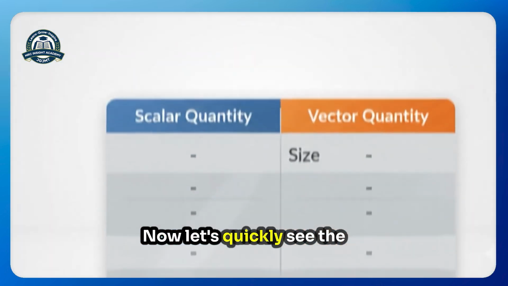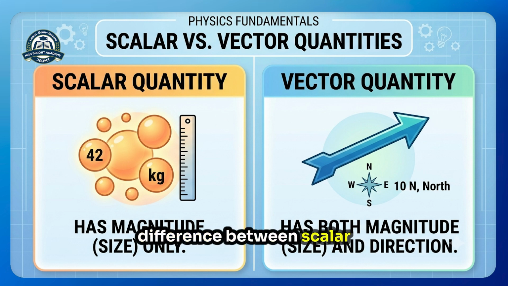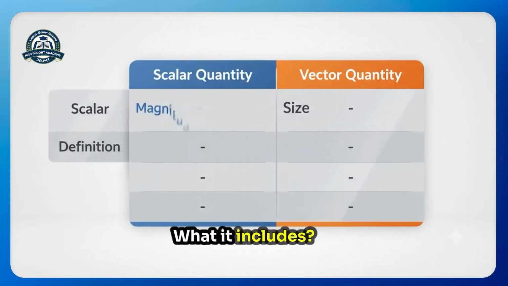Now let's quickly see the difference between scalar and vector quantities. So here we have a comparison table. Starting with the definition, scalar quantities have magnitude, that is size only, whereas vector quantities have both magnitude, that is size, and direction. What it includes?